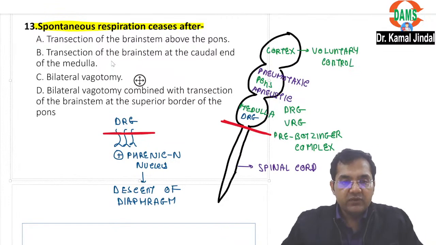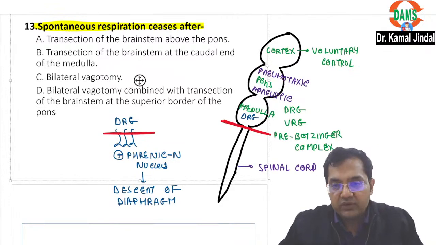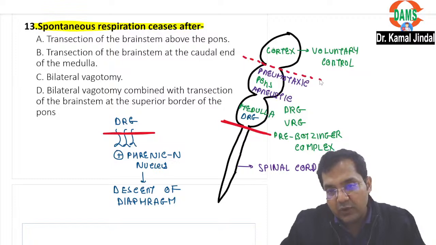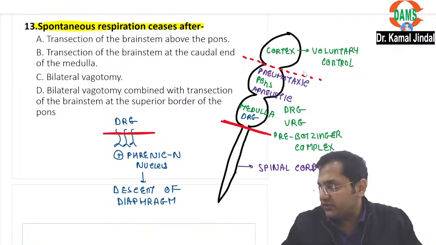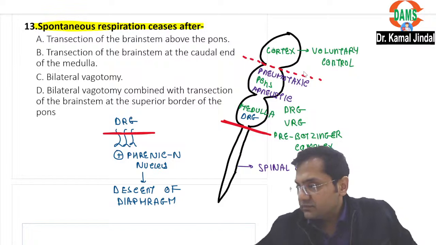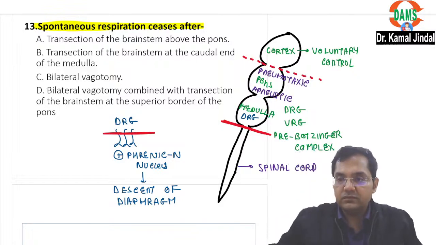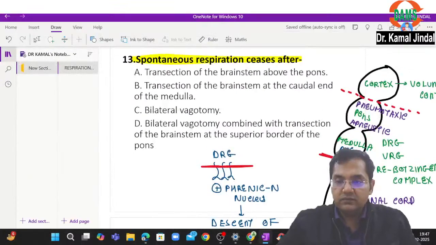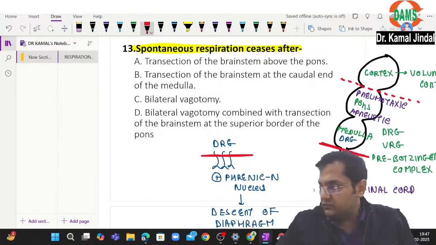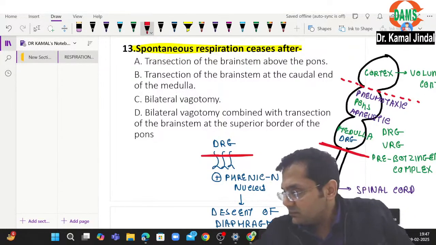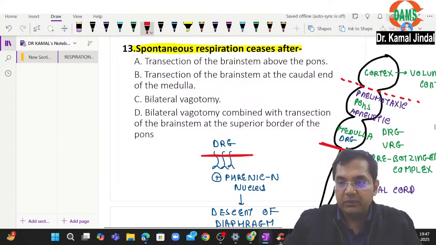Transection of the brainstem above the pons, that means over here, voluntary control will be lost.